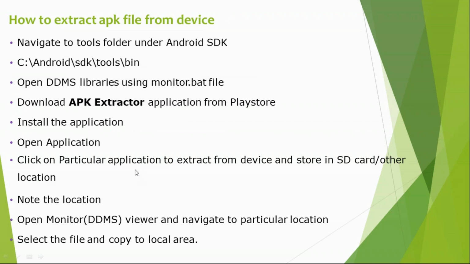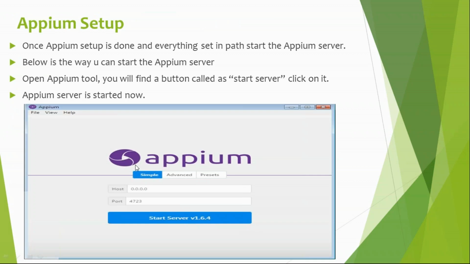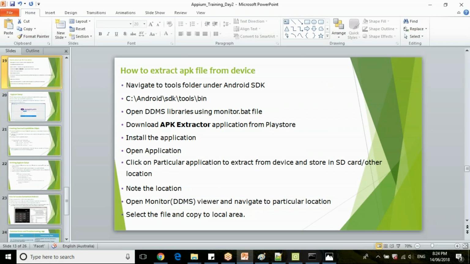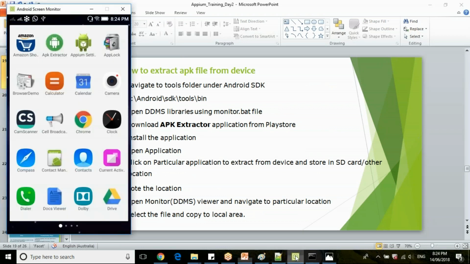Then in tomorrow's session, we'll see how to set up Appium. And let's say you downloaded an application from the App Store or from the Play Store. Let me open my screen. Amazon is my application which is downloaded from the store.